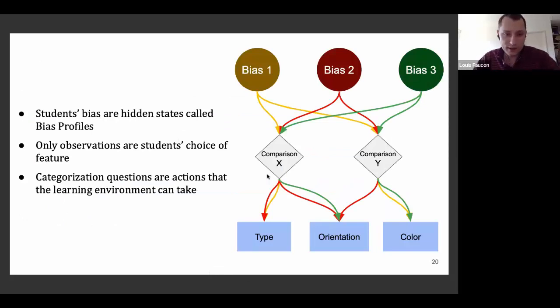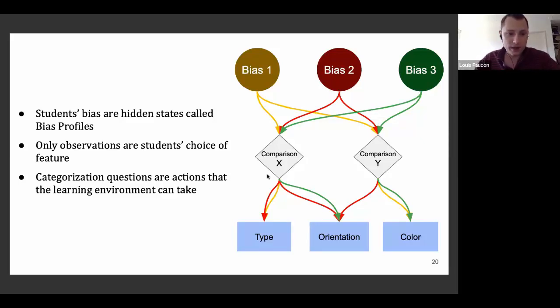So based on this experiment, we built a Bayesian model that was trying to make predictions of how students will answer the questions. The Bayesian model we have works with hidden states, which we call bias profiles, that you see as yellow, red, and green on this figure.